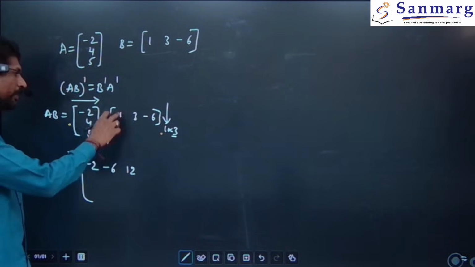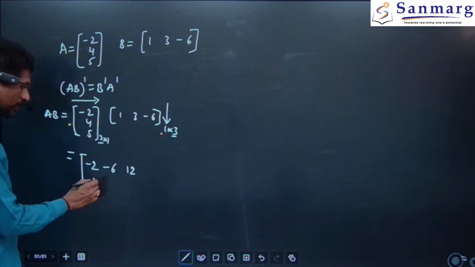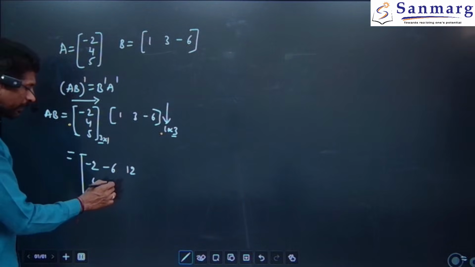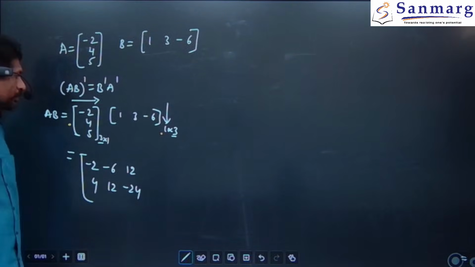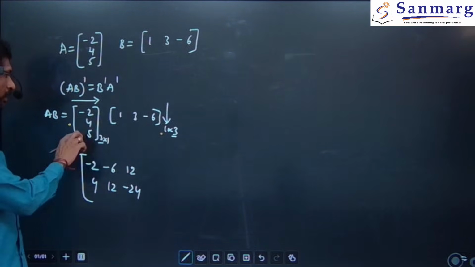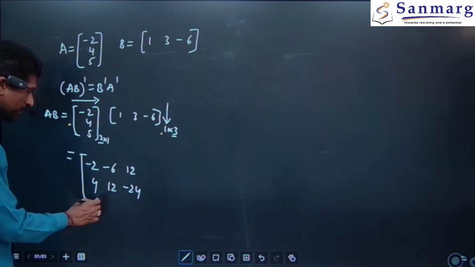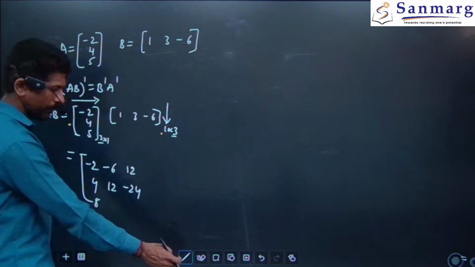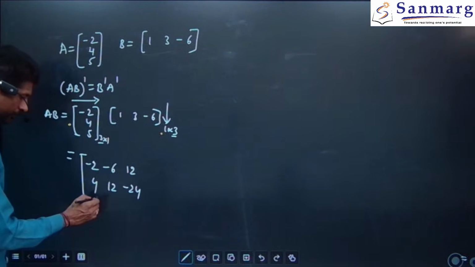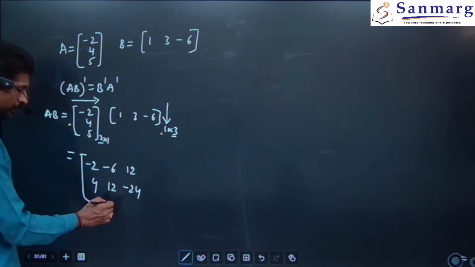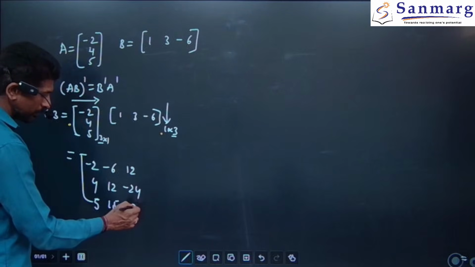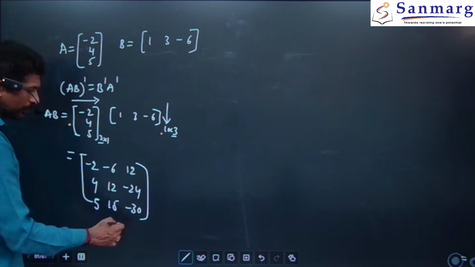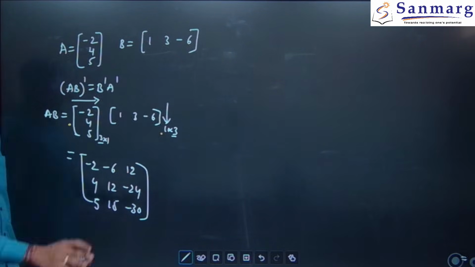Next, consider second row and 3 columns now. 4 ones are 4. 4 into 3 is 12. 4 into minus 6 is minus 24. Next, third row, 3 columns now. 5 ones are 5. 5 threes are 15. 5 into minus 6 is minus 30 now. So this is the AB only, not the AB whole dash.